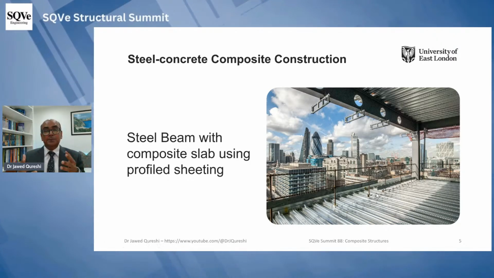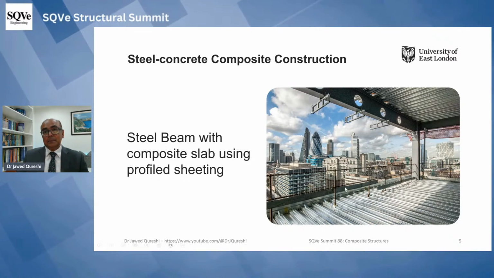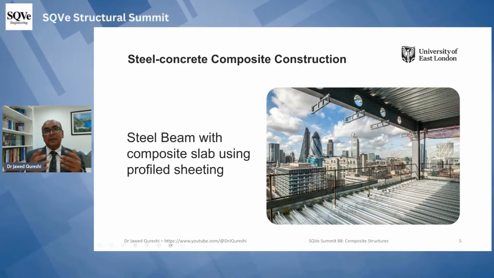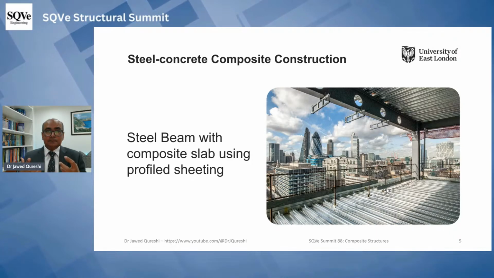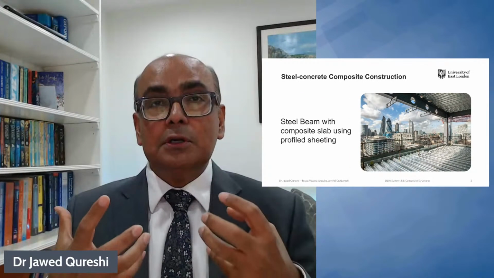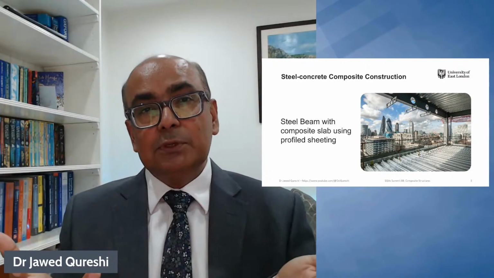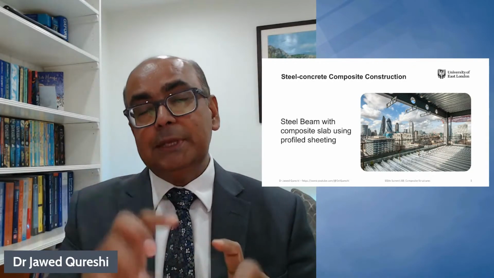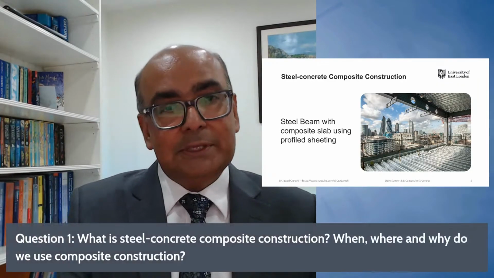Together it forms a composite system, and we call it steel beam with composite slab using profile sheeting or metal decking or metal deck. And together it really forms a strong and efficient connection. Now, in this case, we don't have any other choice, although we have a choice of reinforced concrete slab, but I will come to that in a minute.